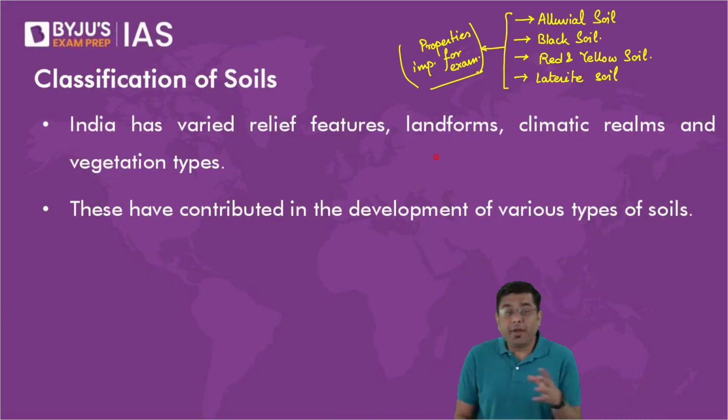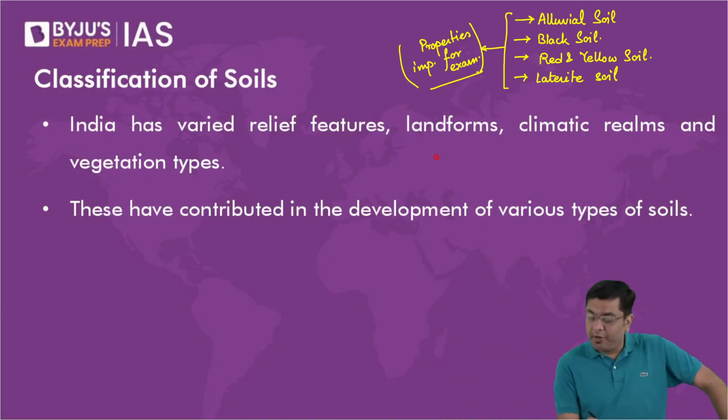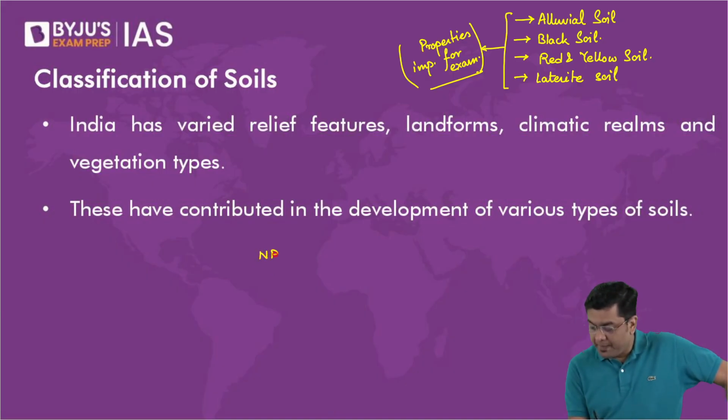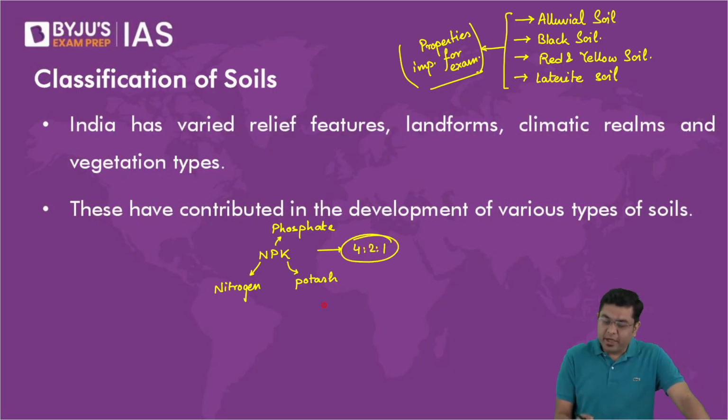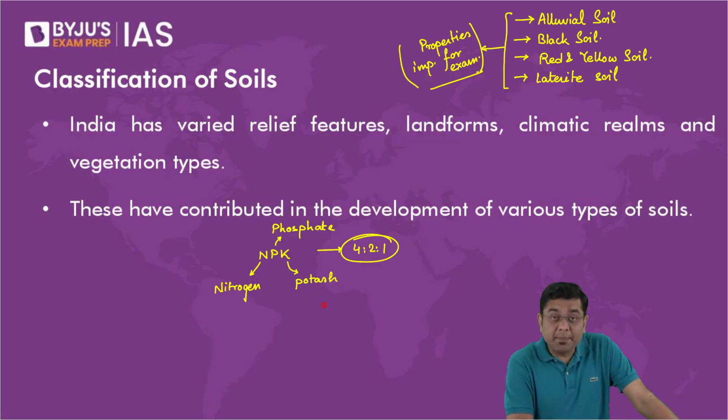Ideally, nitrogen, phosphate, and potash, what is also referred to as NPK, need to be applied in the ratio of 4:2:1. That is the ratio in which you need to be applying the NPK fertilizers.